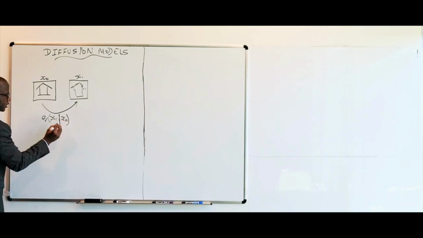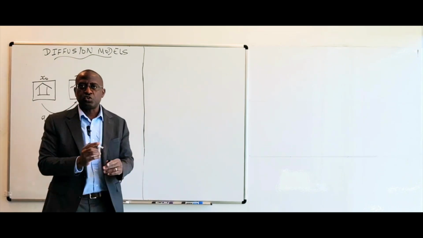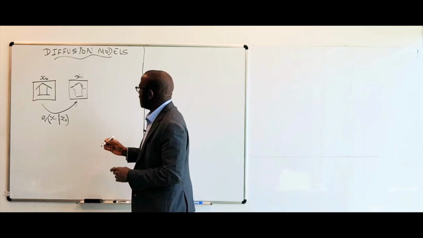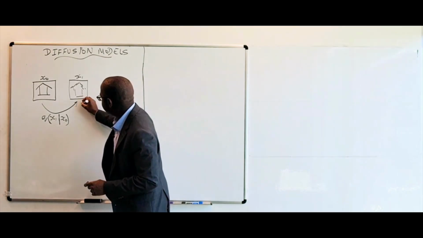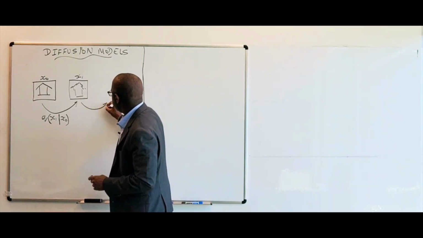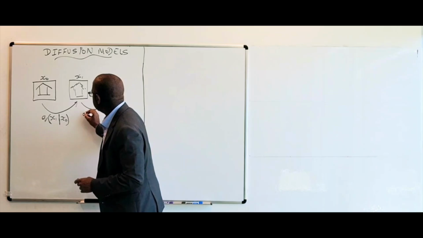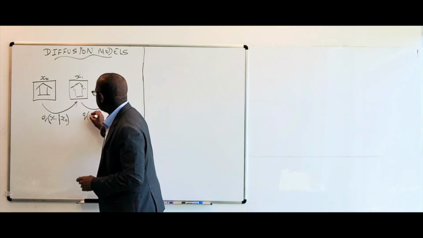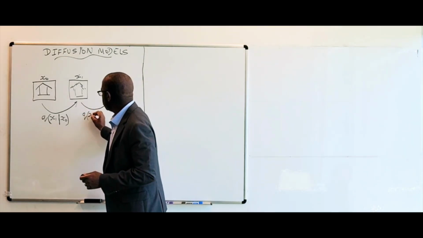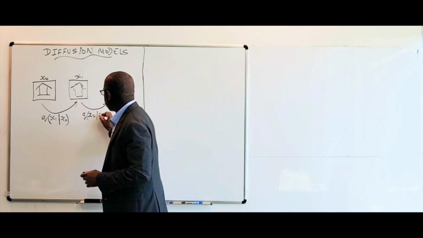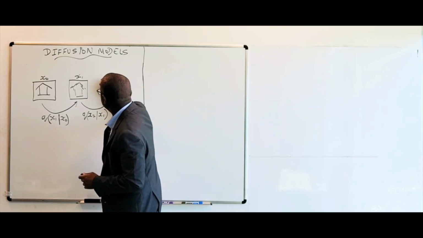And this is going to be a probability, and there's going to be an equation for this, which we'll look at. That's key. And then I do it again. Again, now I would be drawing to get to X2 given X1, and so on and so forth.